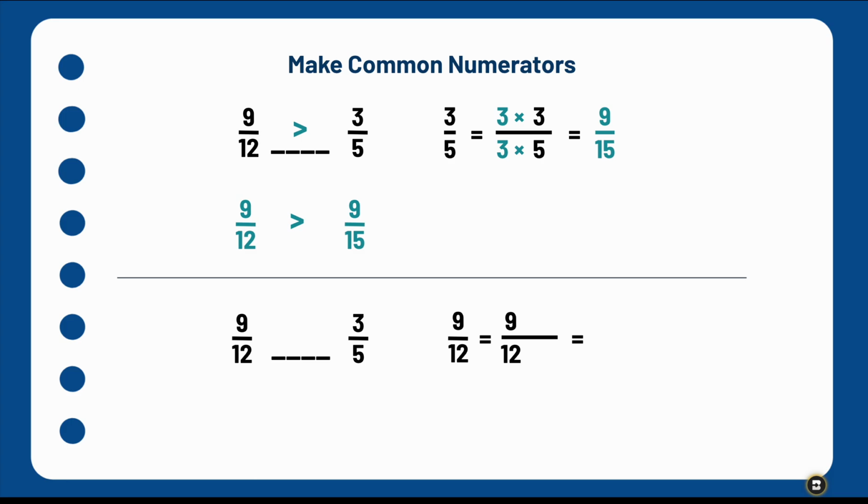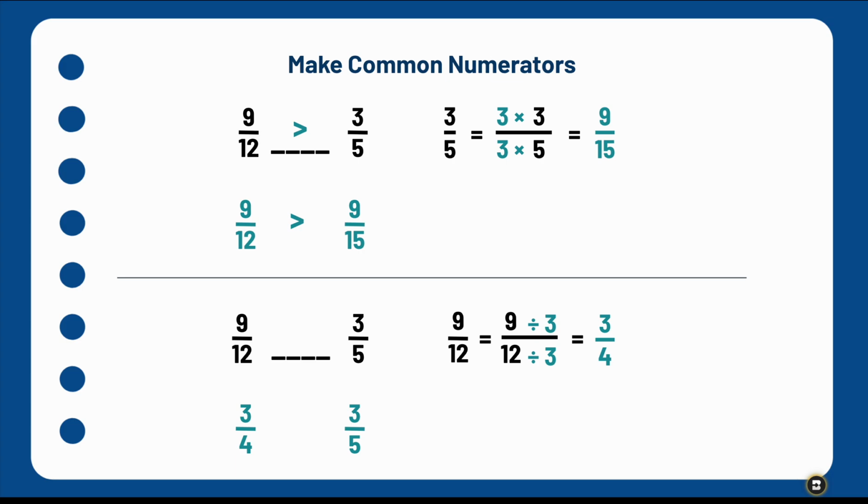Another strategy is to use division to a common numerator. We still know that 9 and 3 are related, but this time let's think about the fact that 9 divided by 3 equals 3. We can take the fraction 9/12 and use division to find an equivalent fraction to help us compare.